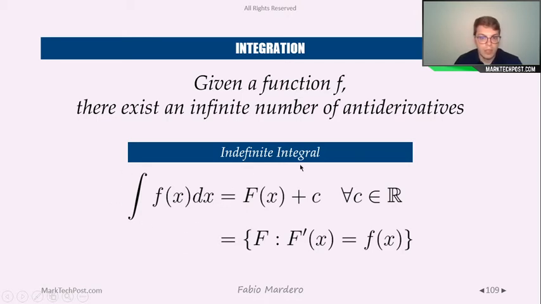The indefinite integral is the collection of every F such that F is an antiderivative for f. Here it's already expressed why we are talking about an infinite number. That's the plus c.